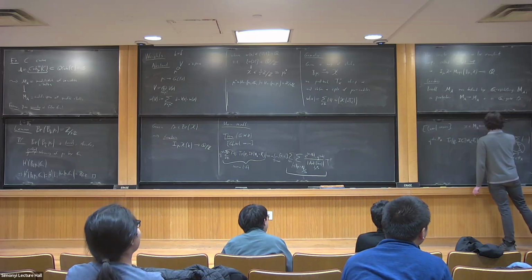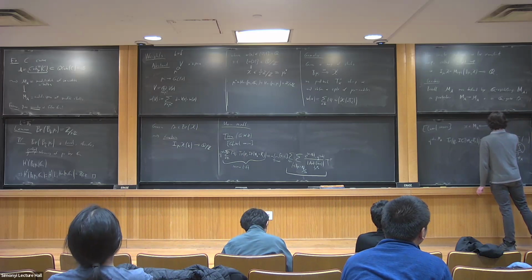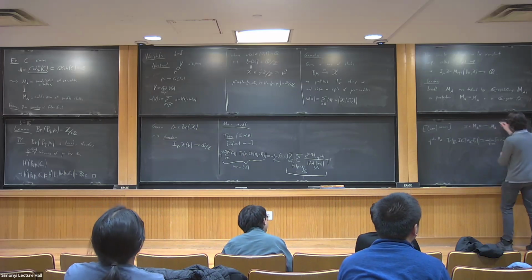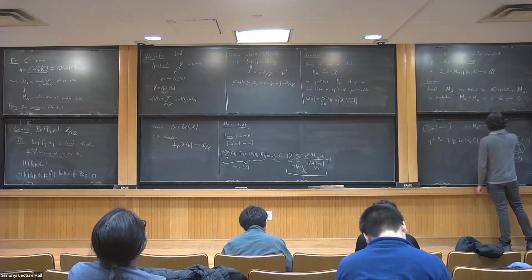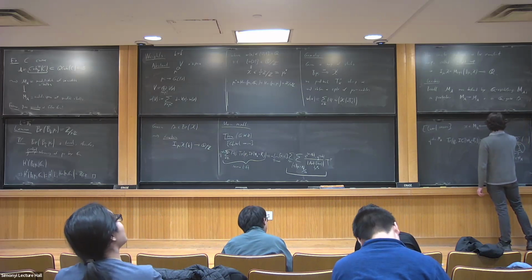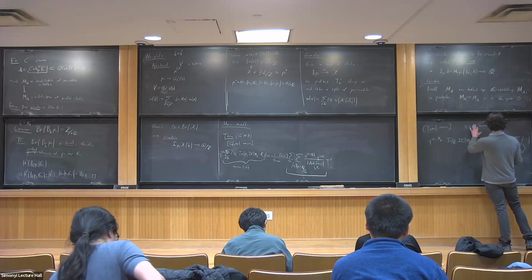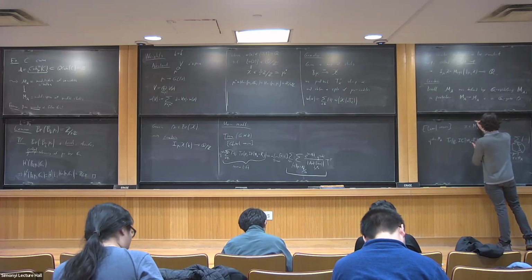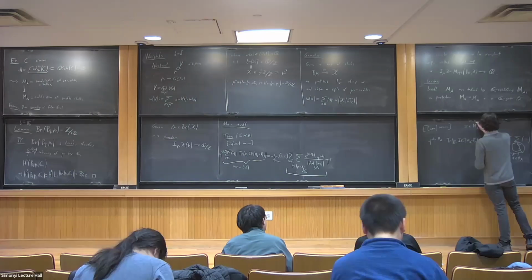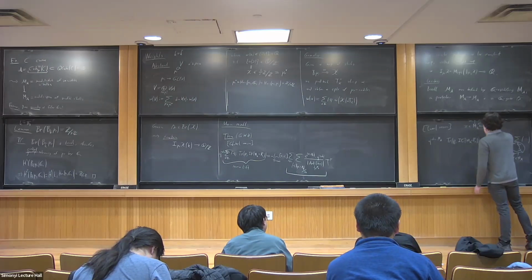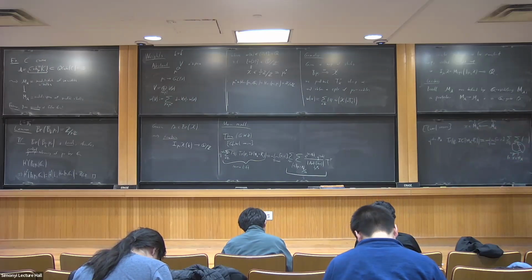This makes sense because if you get a map from B mu R to the stack curly MA, this induces a map from B mu R to the moduli space, and that will always factor through a point, since there are no automorphisms in the moduli space.